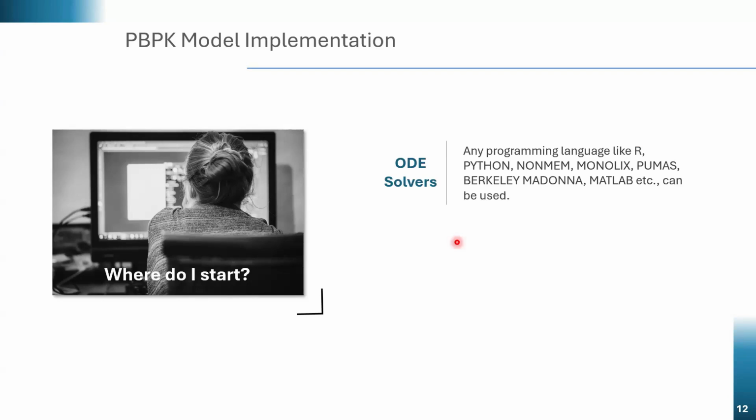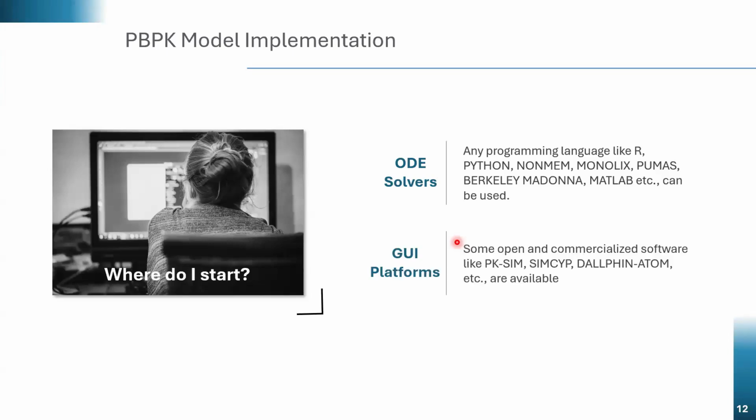Examples of those programming languages would include Python, NONMEM, Berkeley Madonna, even R. So as long as that programming language can solve ordinary differential equations, then you can use it to write a PBPK model.